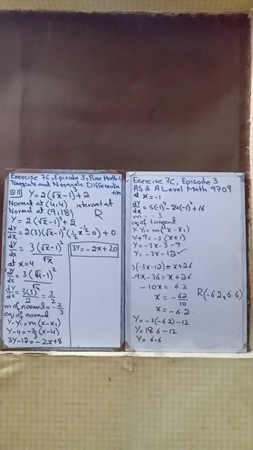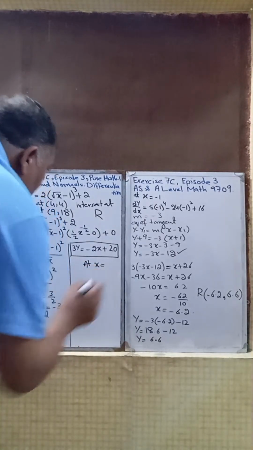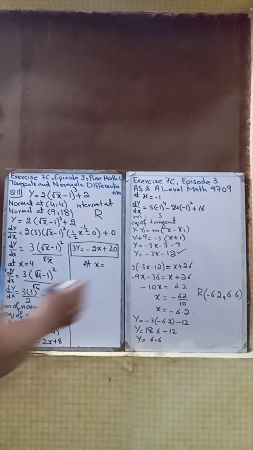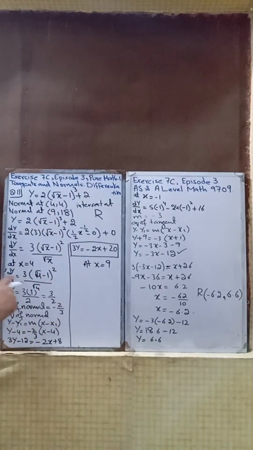Then I will find the equation of the normal at the point 9 comma 18. So what we will do, at x equals 9, the x value here is 9. So in this formula, where is that formula? dy by dx.